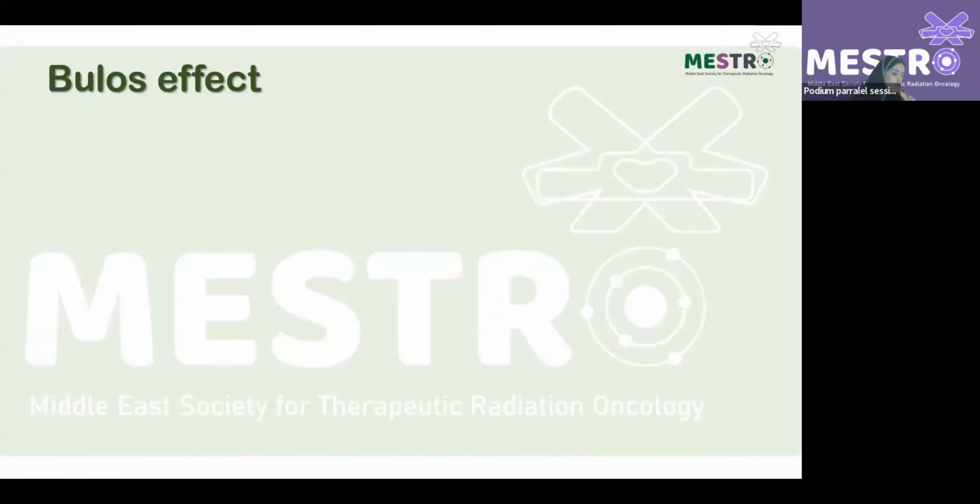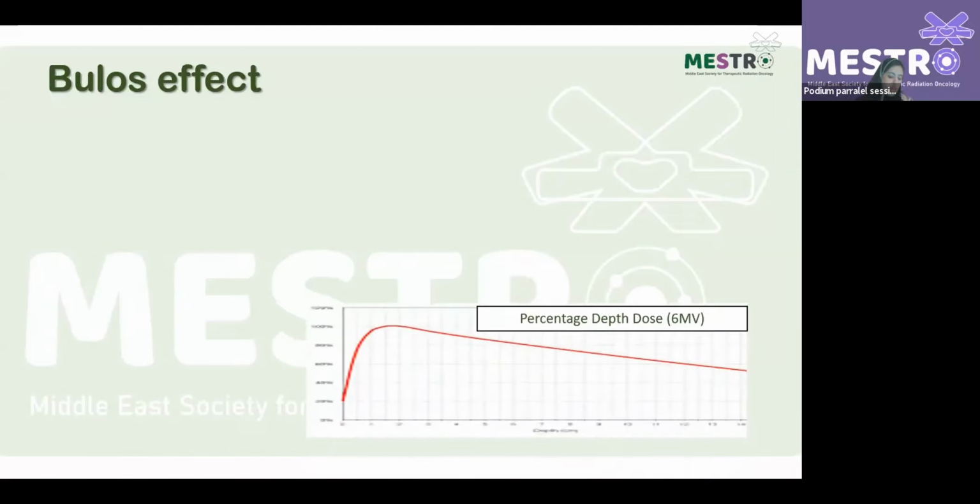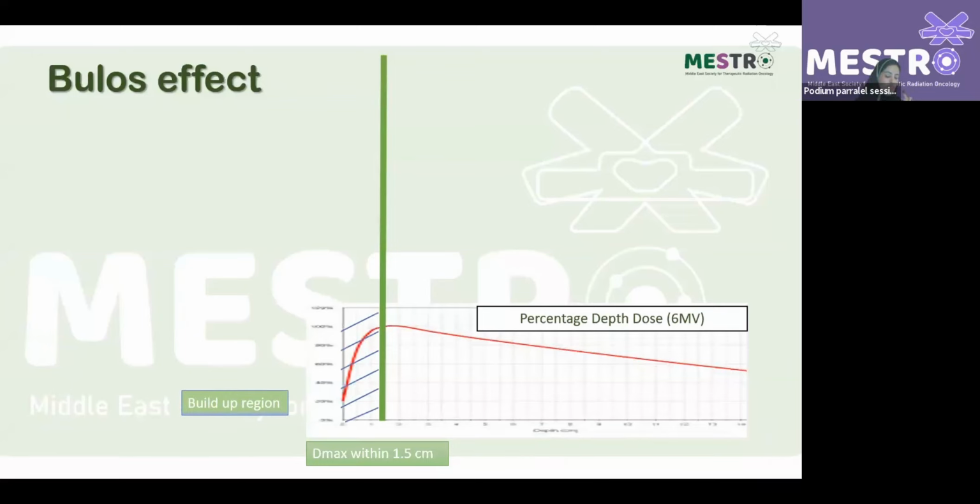So, talking about the bolus effect, I will explain briefly about the bolus and its effect on the patient. So here we have the percentage depth dose for the 6 MV, where our Dmax is at 1.5 centimeter depth. And this is our build-up region before our Dmax. And let's apply this to a body.